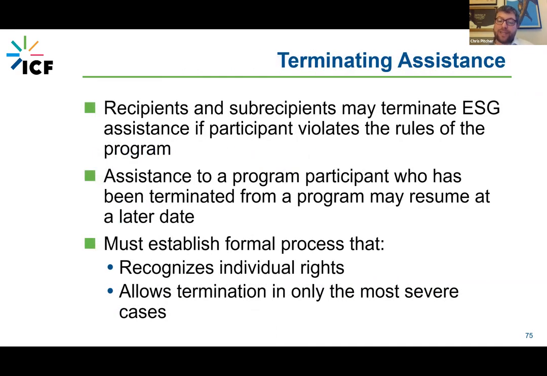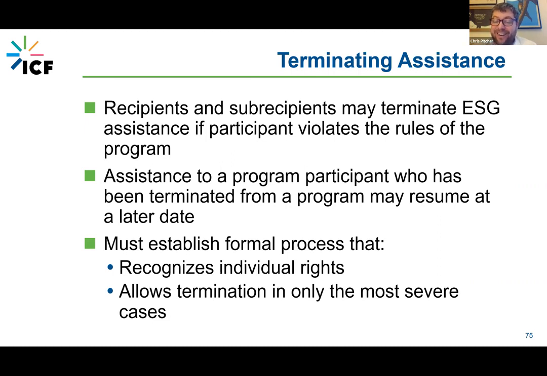We should avoid terminating assistance and services at all costs, everywhere in our homeless program system, noting that it's always better to try to work through issues and concerns with clients than just terminate them. We want to avoid those in the rarest circumstances.